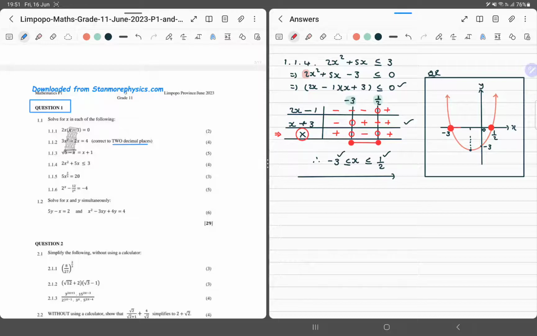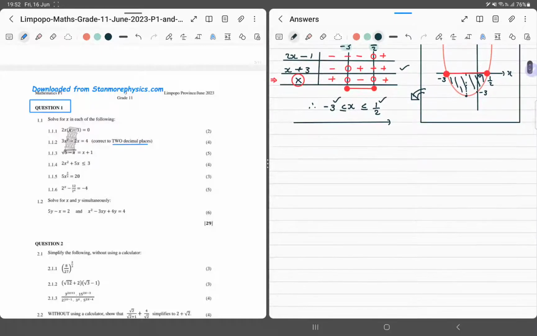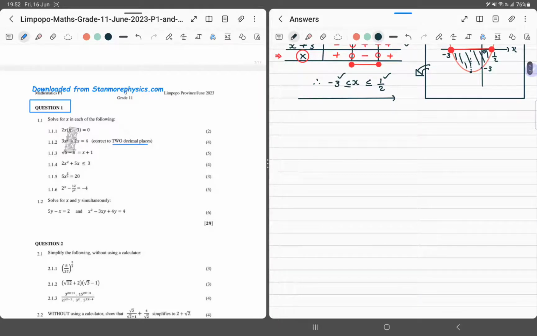And in between, when we connect these two, that graph becomes negative, because in this region, this graph is below the x-axis, and then we can make the same conclusion as we have made there. Okay, so these two are very important. Please know how to do them individually and effortlessly, because you're gonna get far if you know those ones.